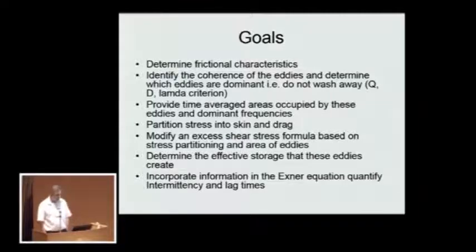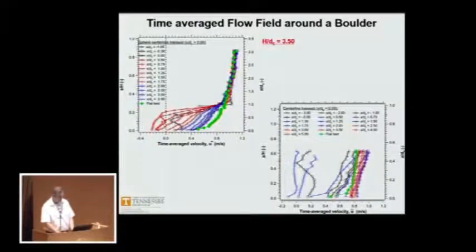And then we would like to see and explore in more detail how boulders modify that stress that is available to mobilize the grain particles. And then explore ways of how we can incorporate that information into an Exner type of equation, and obviously try to understand the role of intermittency and how lag times developed from those micro features that you see atop the bed surface affect the migration of the material downstream.